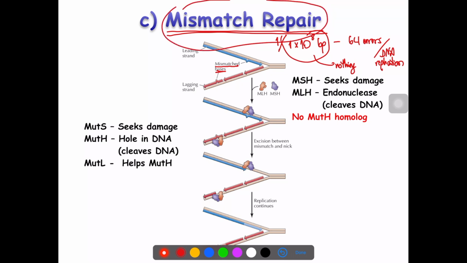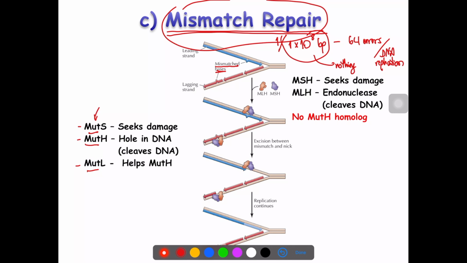All right, so this mechanism has not been fully characterized in humans. In bacteria, it is actually mediated by 3 different enzymes known as MutS, MutH, and MutL. And the name Mut is simply associated with the fact that whenever you have mutations affecting those enzymes, the frequency of mutations in general during DNA replication goes substantially higher.